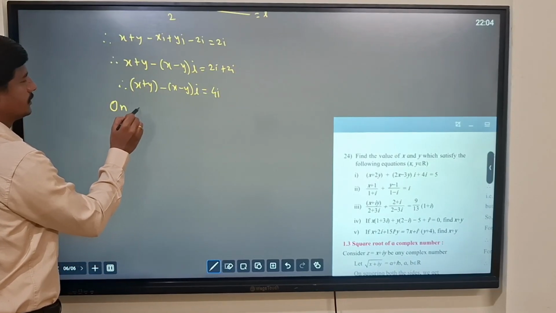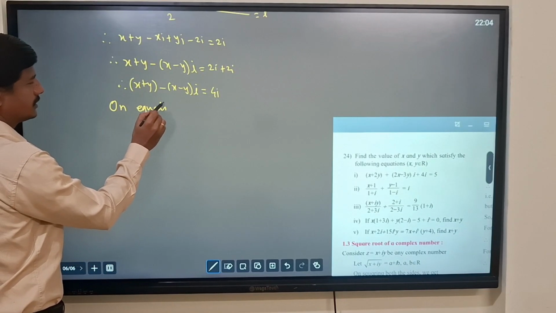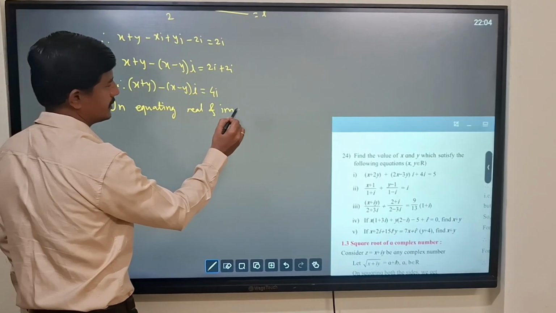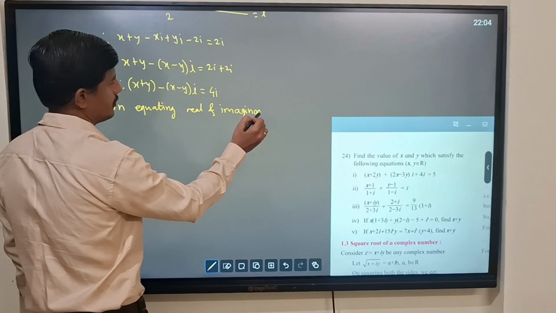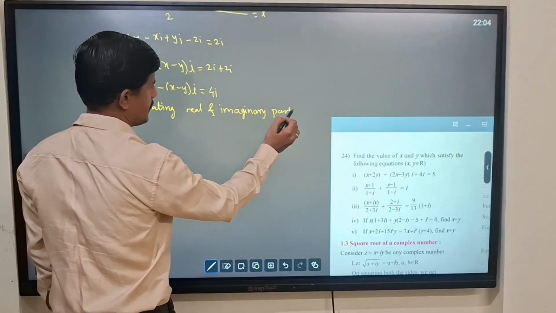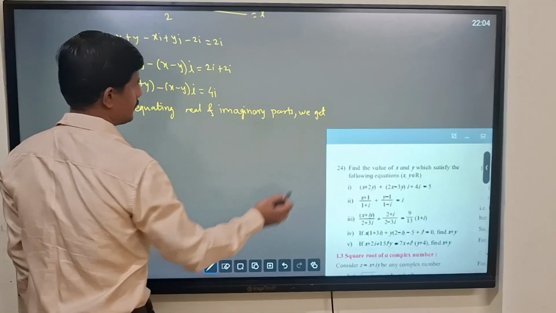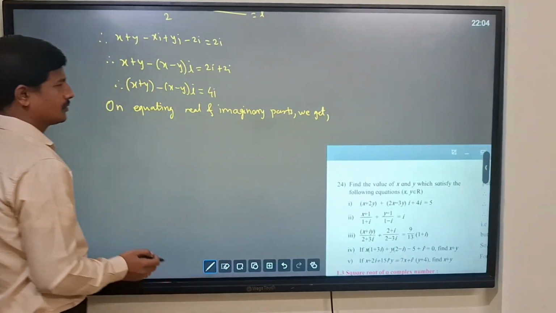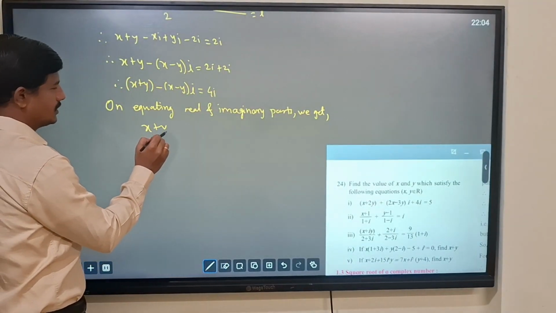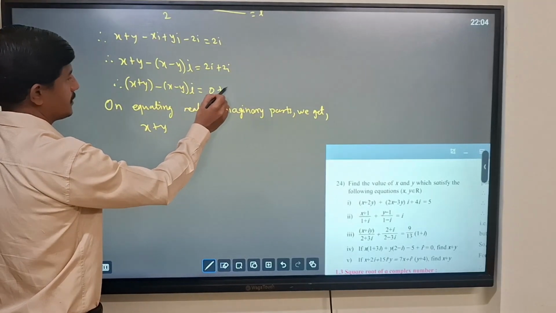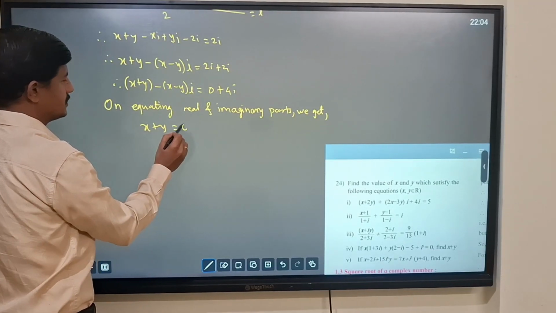On equating real and imaginary parts, we get x plus y, okay, so here we can write 0 plus 4i, x plus y is 0.